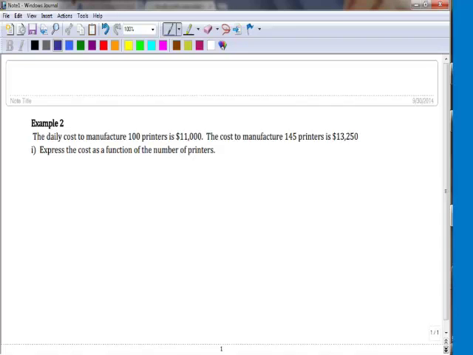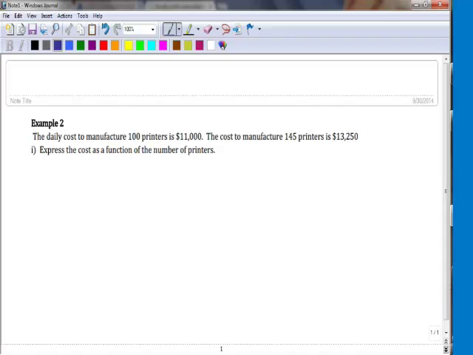Cost of keeping the lights on, cost of paying the folks to do it, regardless of how many printers they manufacture. A lot of costs. But if 100 printers is the level of production, it's $11,000. If, on the other hand, it's 145 printers per day being manufactured, that's $13,250.